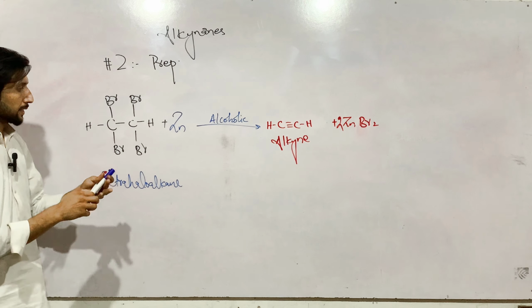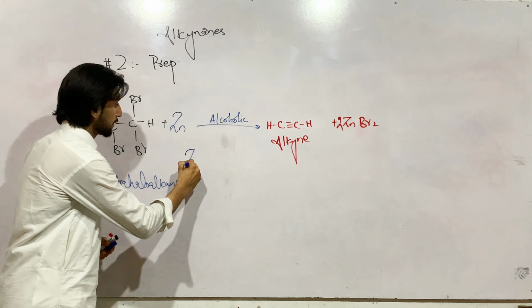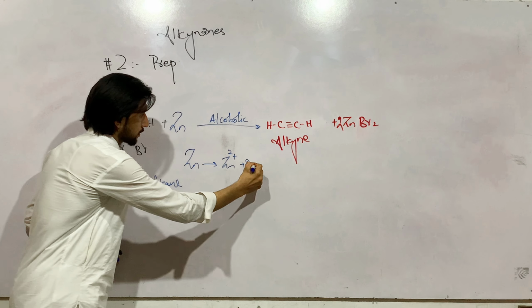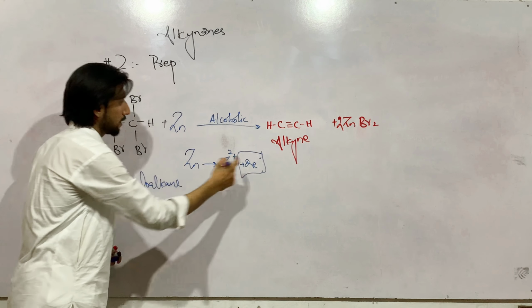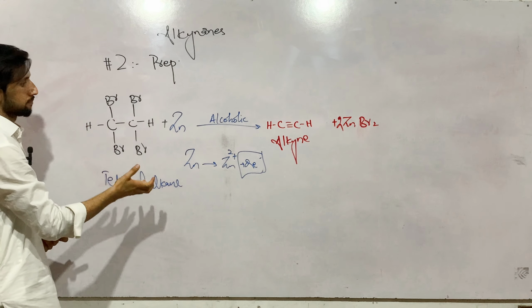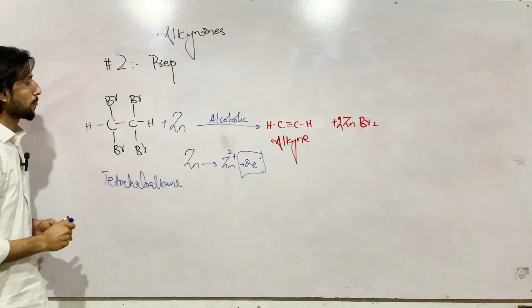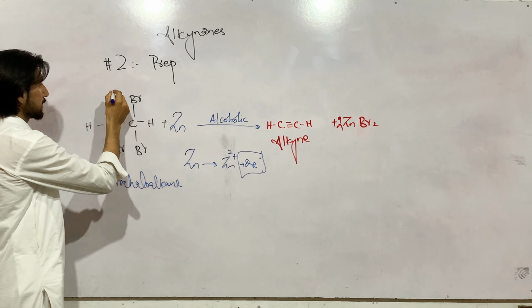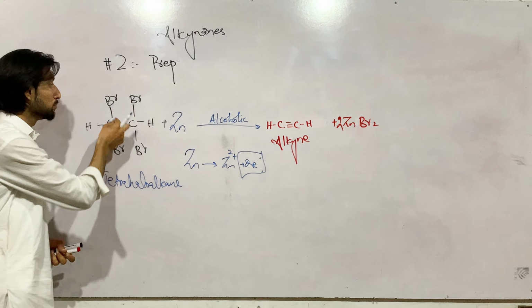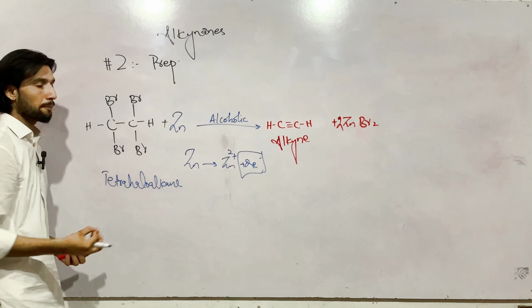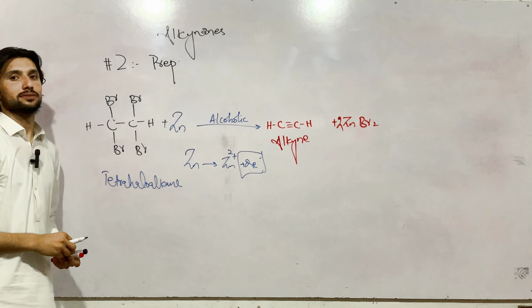This zinc, which could easily be oxidized into Zn2+ plus 2 electrons, donates these electrons to the bromine atoms attached at the carbon atoms and makes them leave.